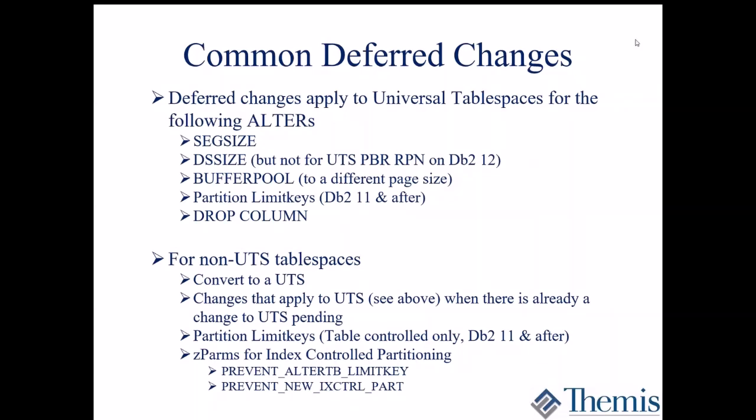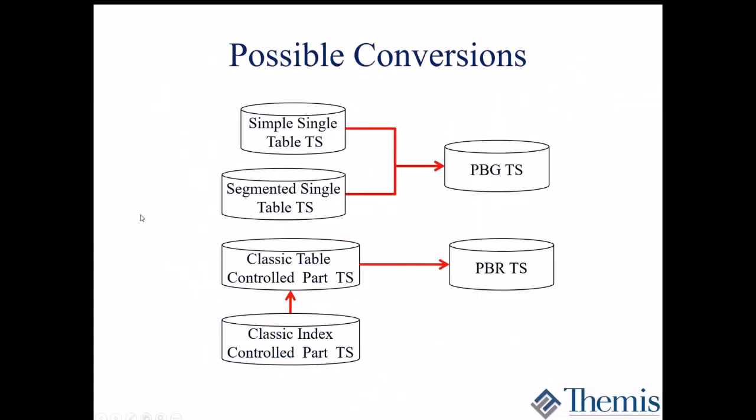The idea here is that you're preventing yourself from accidentally doing a change that you think is online that ends up becoming an immediate change with consequences. So I would check out those two ZPARMs, and I would recommend you set them both to the more restrictive status, which is to prevent those two situations.